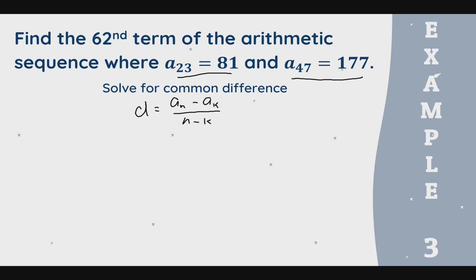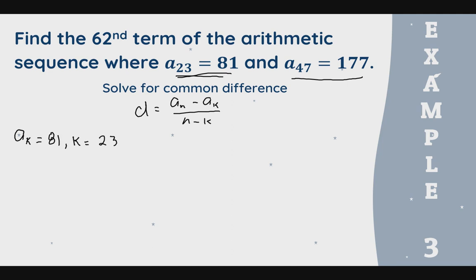First, the given are a sub 23 is equal to 81. So, let a sub k be equal to 81. If a sub k is equal to 81, then k is equal to 23.